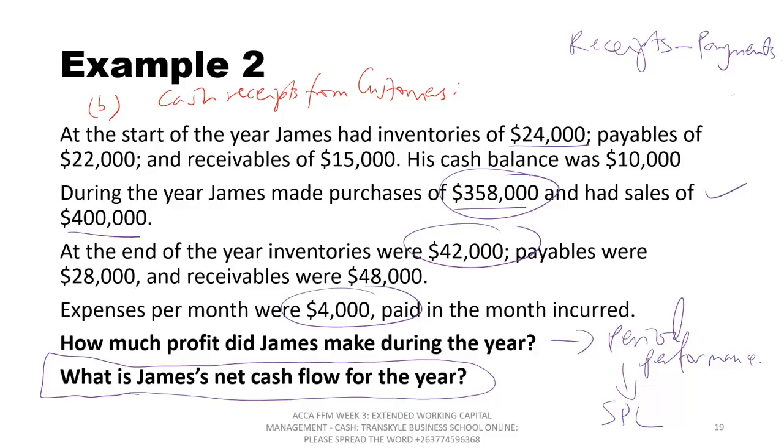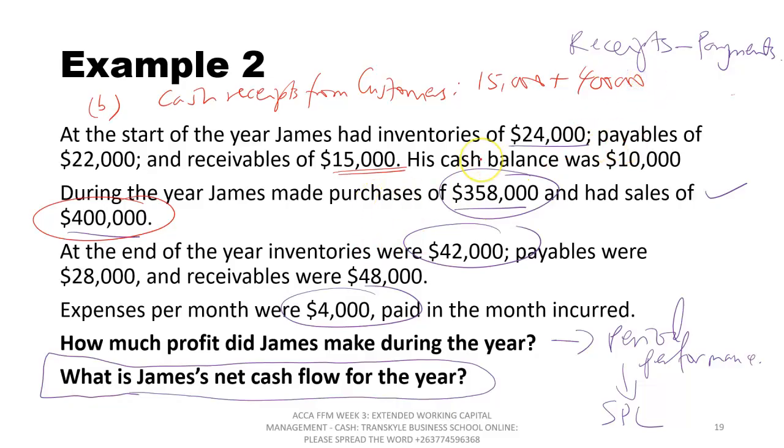All right, so initially we had receivables of 15,000 at the start of the year. The assumption is they were paid during the year, isn't it? Good. So we include that 15,000 plus the sales which we made during the year, 400,000.